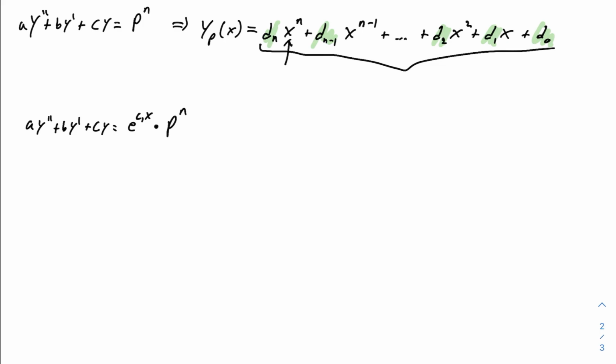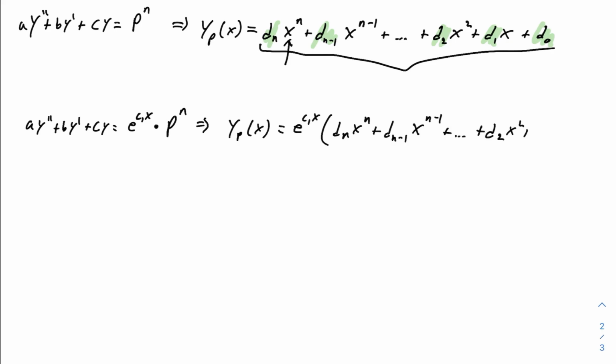Okay, so for these, what we actually have to do is we just combine our y particular guesses, I should say. So we just have it go e to the c x times dn x^n plus dn minus 1 x^(n minus 1) and so on, d2 x squared plus d1 x plus d naught.